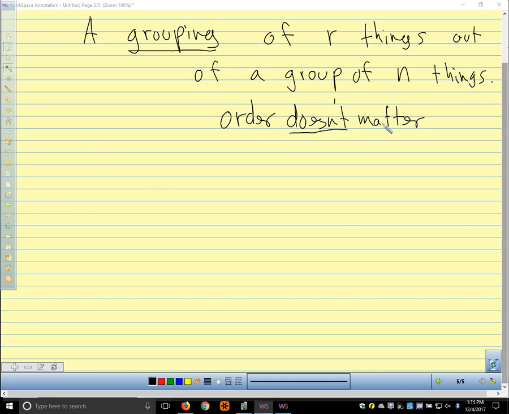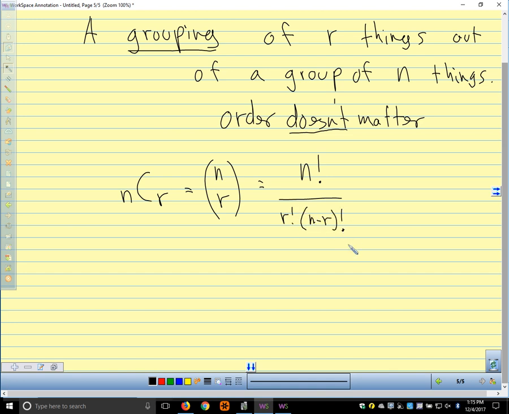All right, so our combinations, nCr. Does this look familiar? Those are the binomial coefficients.